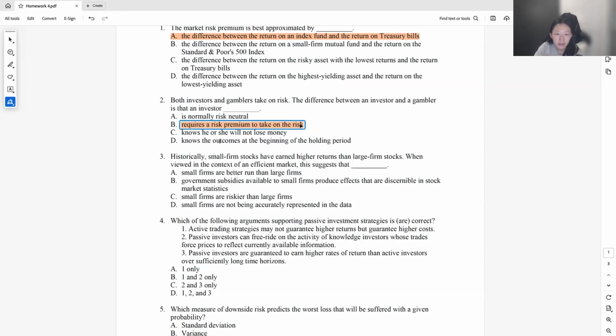So the real difference is that a gambler, an individual with a risk-loving attitude, will still take risk even if it's losing money. They just love to take on risk. Therefore, they are not asking for any extra compensation for taking extra risk.